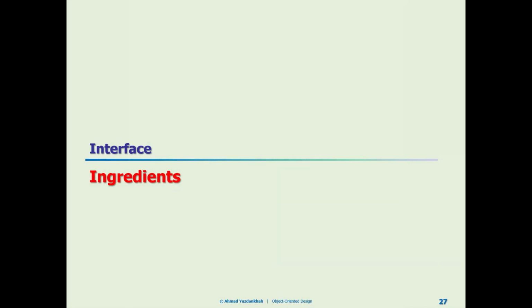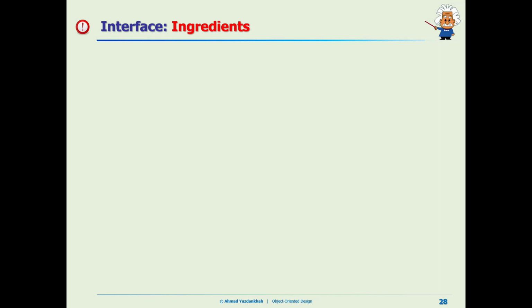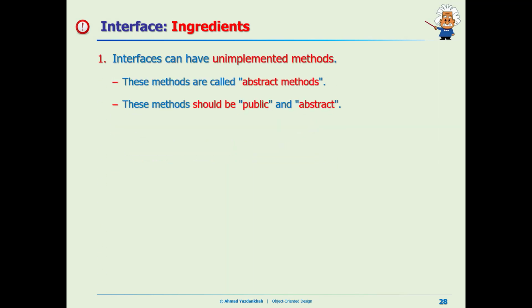Now let's get back to the ingredients of the interface. An interface can have, as we said, unimplemented methods. What is the type of these unimplemented methods? If they are unimplemented, then they should be abstract methods, or in other words, they actually are public abstract methods. So you have two options.